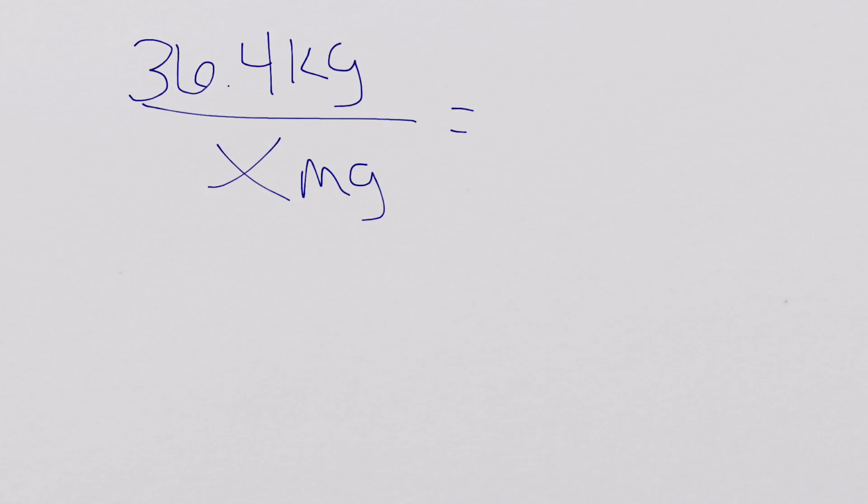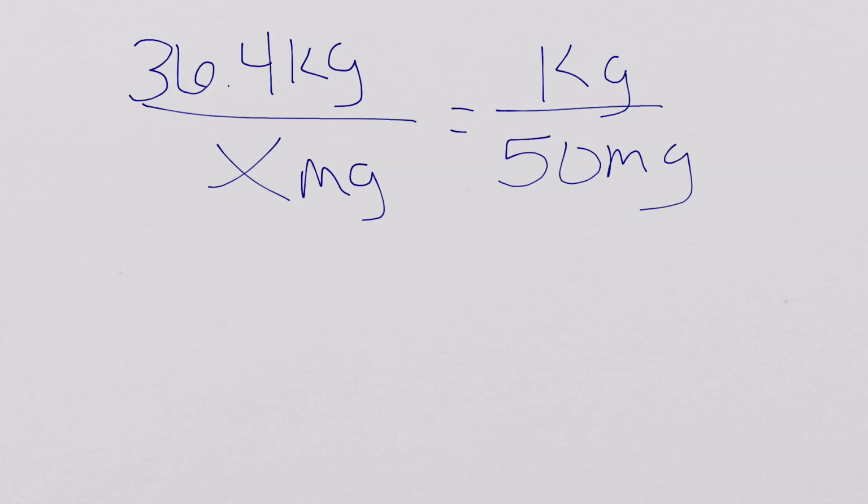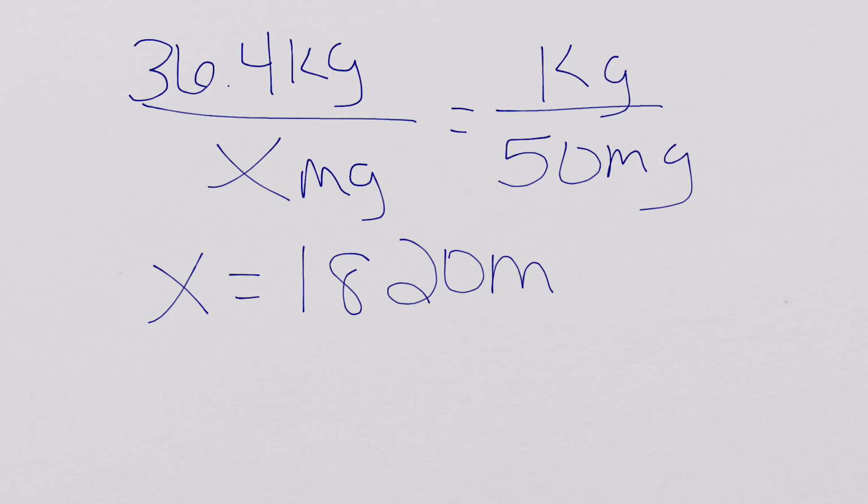So we have 1 kilogram over 50 milligrams. So we would take our 36.4 and multiply that by 50. And X would equal 1,820 milligrams. And that is our minimum daily dose.